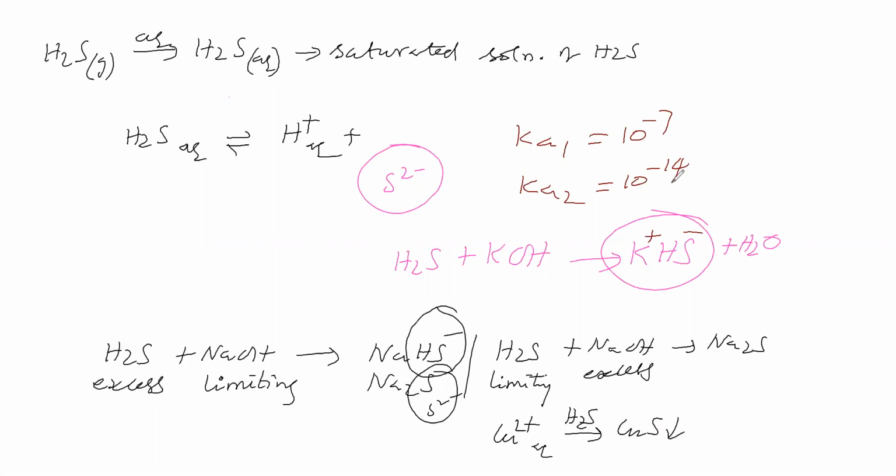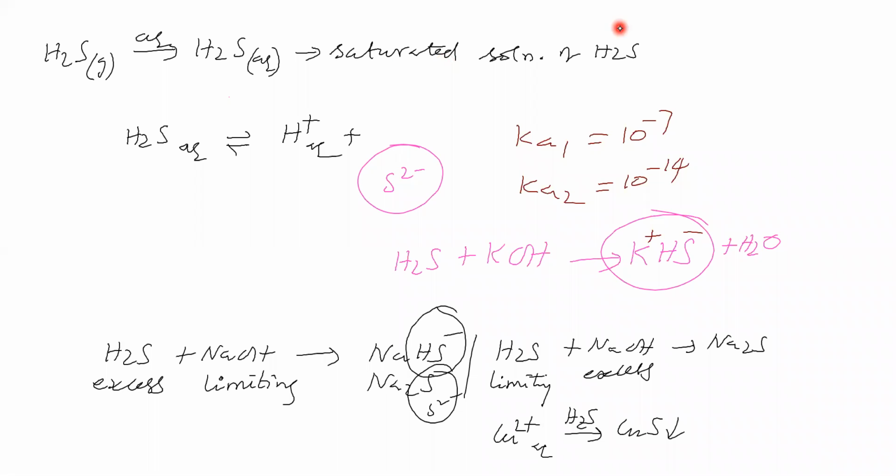Experimental evidence says that for H2S gas, two Ka values are possible. Ka is called the acid dissociation constant. Ka1 value is given, Ka2 value is given. Do you know what Ka1 and Ka2 are? Ka1 and Ka2 being given means there are two equilibria here.